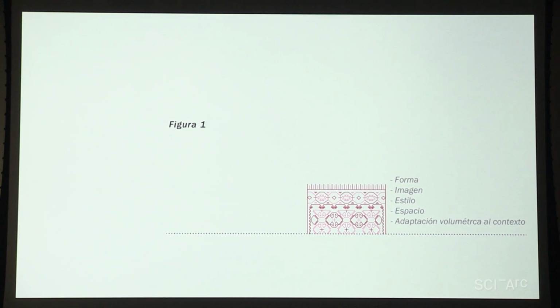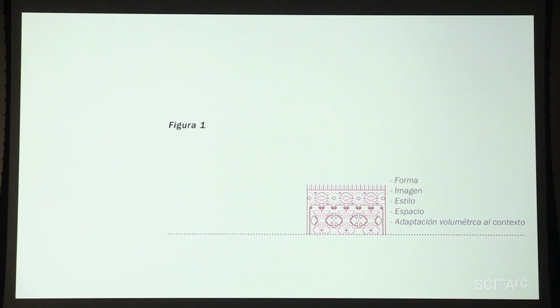We are trying to convince our students, and our colleagues, that for long we have been doing architecture like if we were looking at the beautiful side of a carpet, like the image of the carpet. So we were usually looking at form, image, style, space, or volumes.